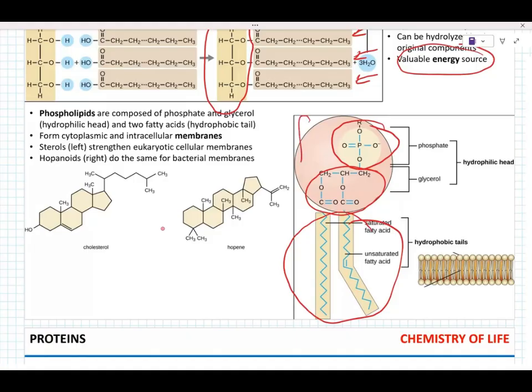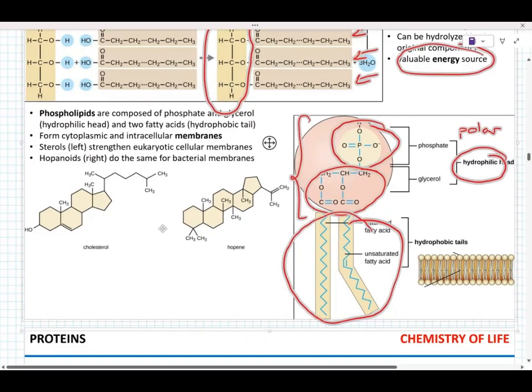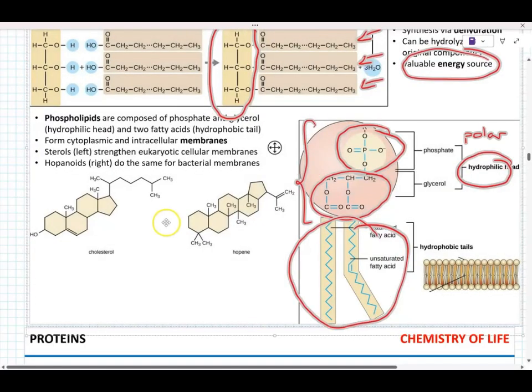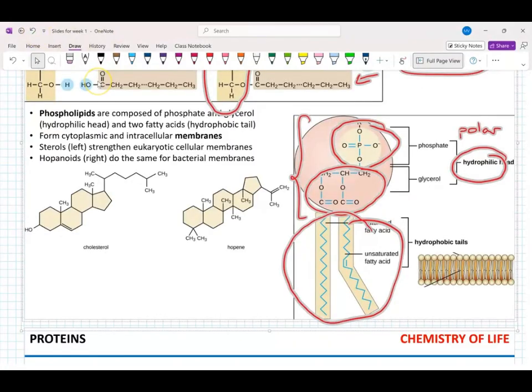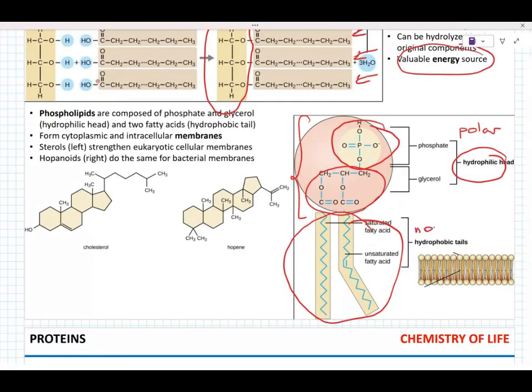Turns out that the part of the molecule that consists of glycerol and phosphate is hydrophilic or polar, while the tails that consist of fatty acids are hydrophobic, i.e. nonpolar. Any questions? What is the function of these guys? The function of these guys is to form a membrane, as we will see very, very soon.